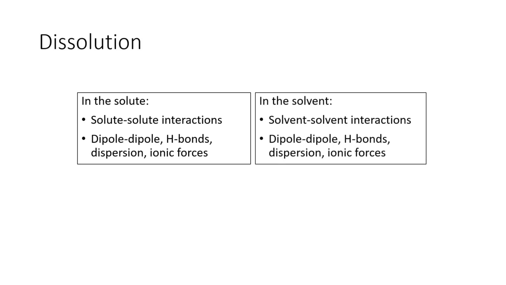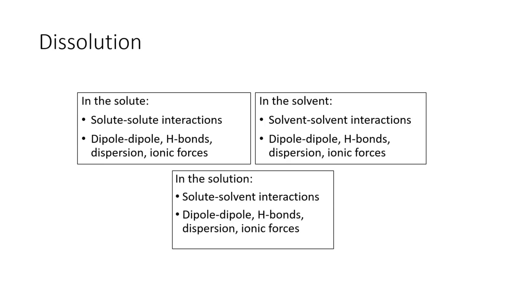Likewise, in the solvent, we have to break solvent-solvent interactions, which again could be dipole-dipole, hydrogen bonds, or dispersion forces, or in very high temperature solutions, we would have to break the ionic forces holding those particles together. Then we would create new solute-solvent interactions. And once again, these can consist of dipole-dipole, hydrogen bonds, dispersion, or ionic forces.